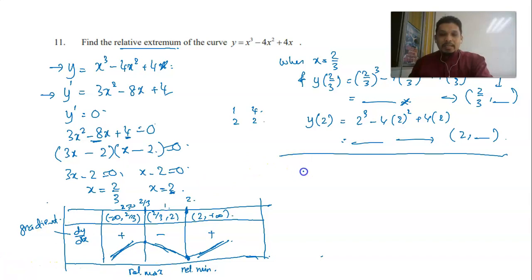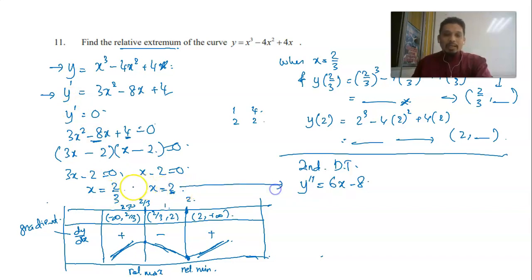Now I use the second derivative test, meaning I need to differentiate this a second time. y double prime equal to 6x minus 8. Then I'm going to use the values of x that I got from the first derivative test, x equal to 2 over 3 and x equal to 2, and substitute into y double prime.